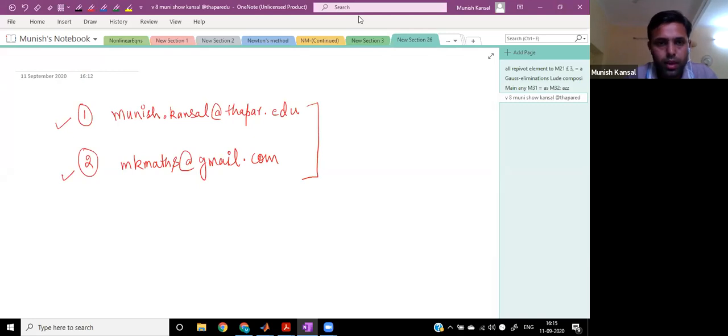Okay, sir. We have one doubt from Sunil Kumar. Can we use the secant method in a nonlinear system of equations? So basically for nonlinear systems of equations, we generally use Newton's method, which is easily extendable for solving the nonlinear system, right?